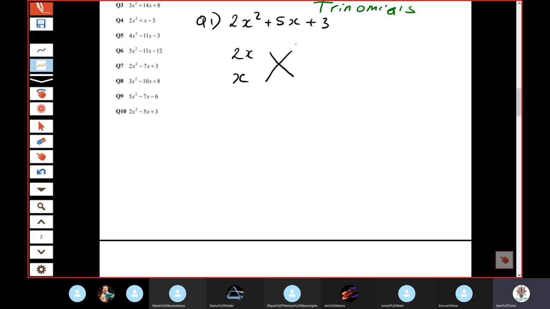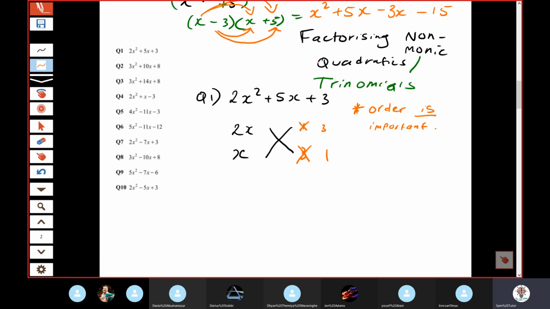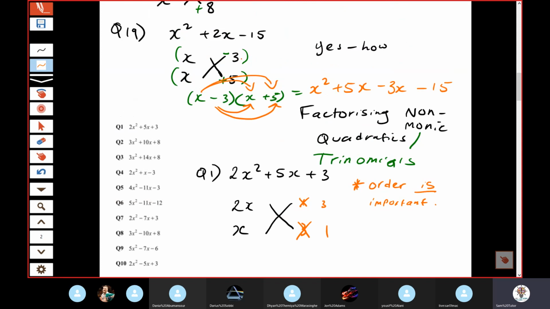Now, this is a thing though. Order is important. So if you say 1 and 3, that is actually different to 3 and 1. Whereas for the questions above that we were doing, for the monic questions, the order didn't matter.